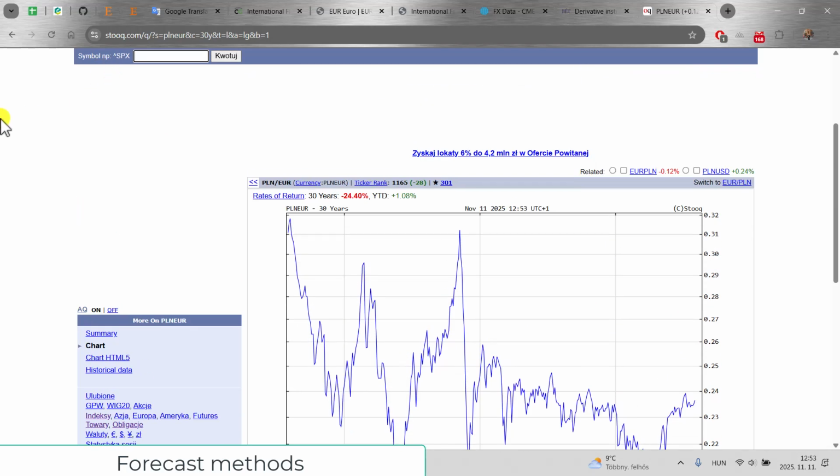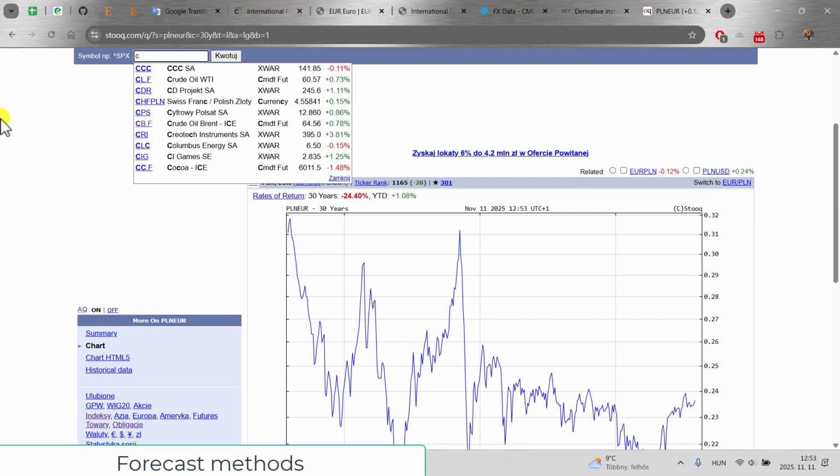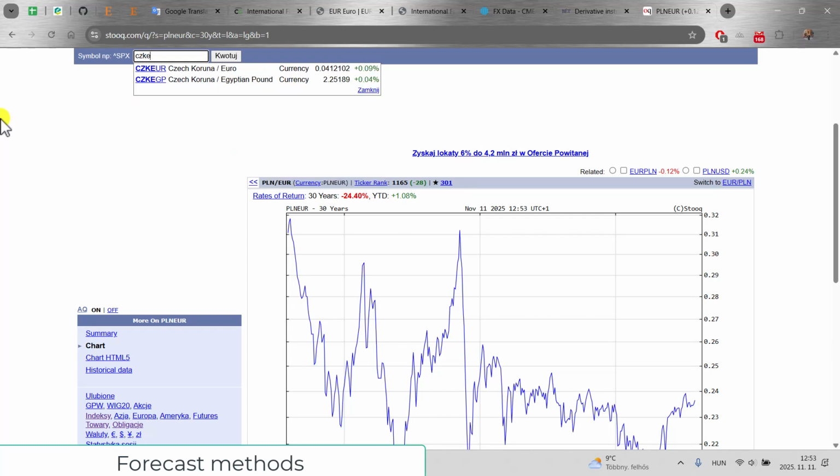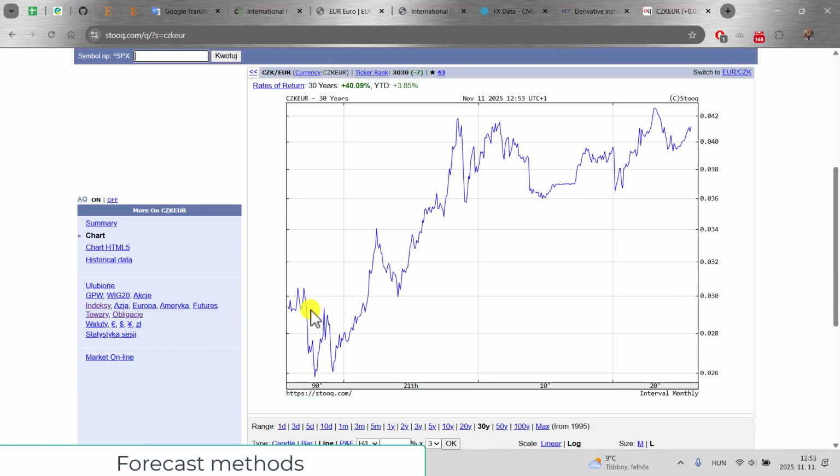Sometimes currencies can have this appreciating behavior. If we are checking the Czech koruna and euro exchange rates, it's good to look at the Visegrad countries because we have completely different economic setups. They are not homogeneous at all. And we can see that they are facing the constant appreciation of the Czech koruna.